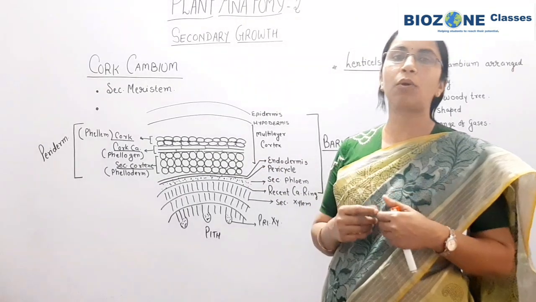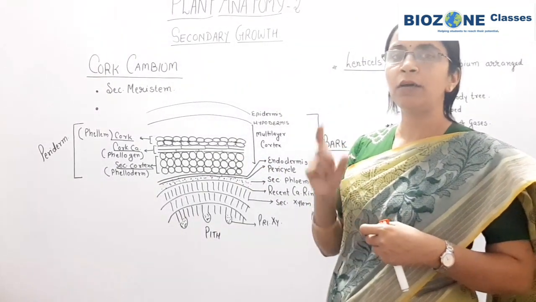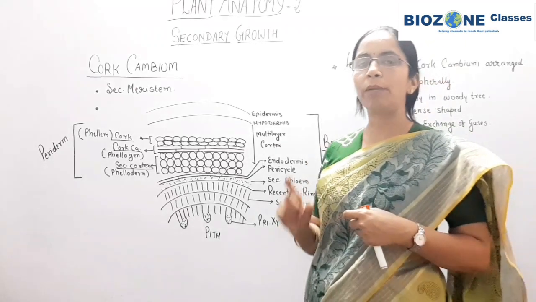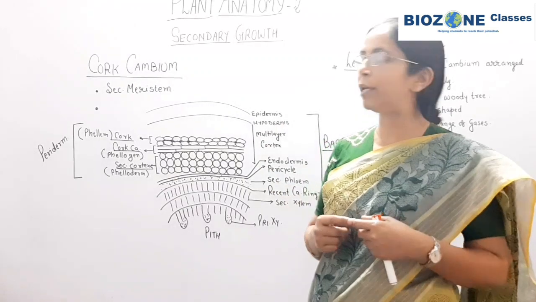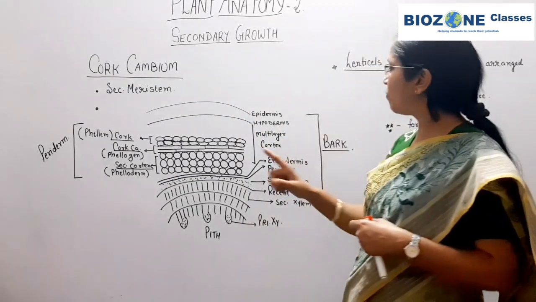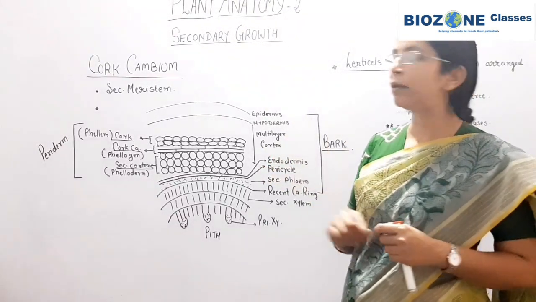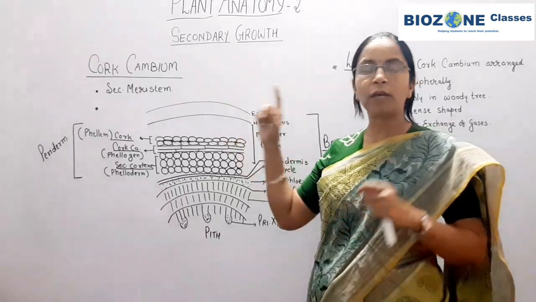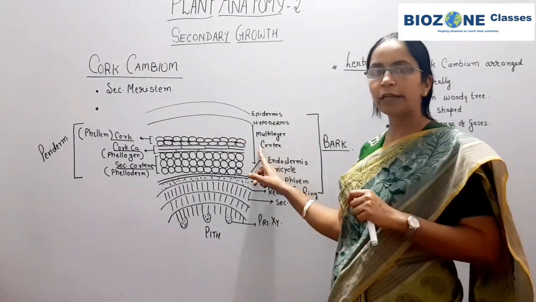That cambium is called cork cambium. One thing you clearly remember: cork cambium is always formed after the formation of multiple cambium rings. Secondly, this cork cambium is always developed in the cortex region. This part also you remember. Whenever cork cambium is developed, it always develops in the multi-layer cortex region.